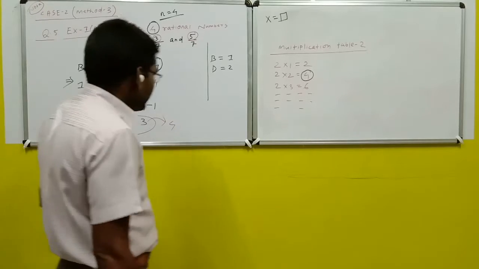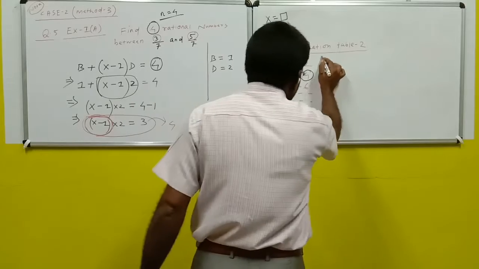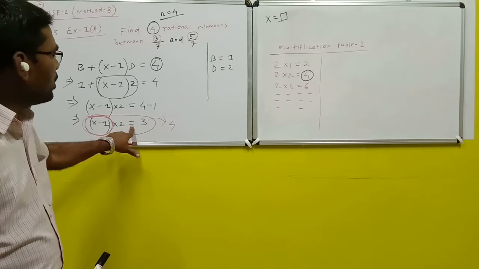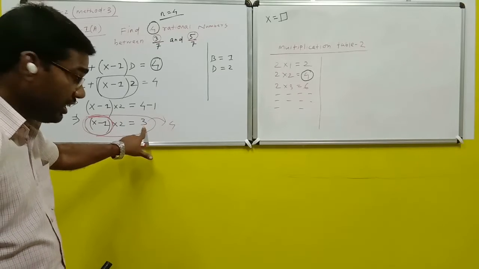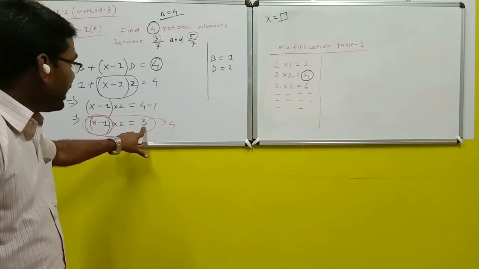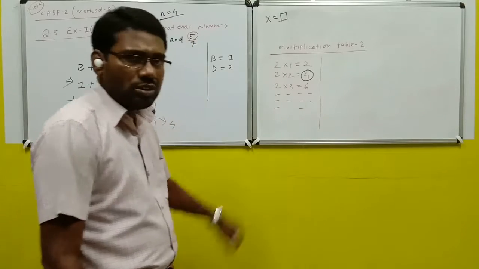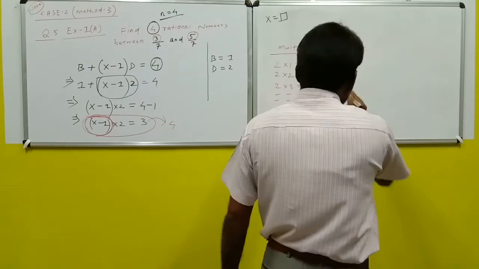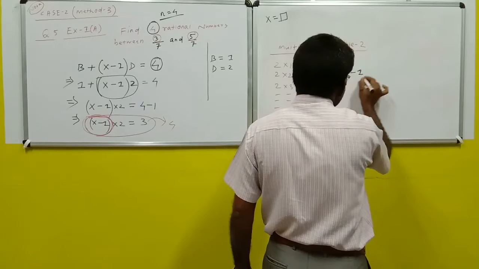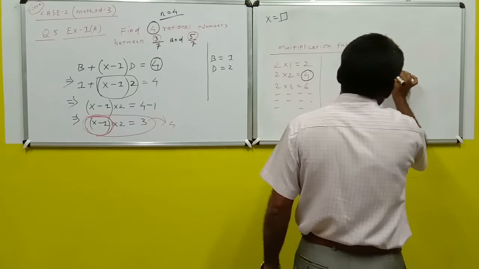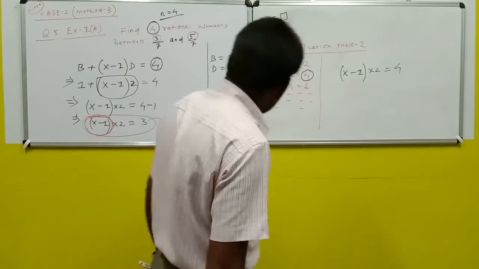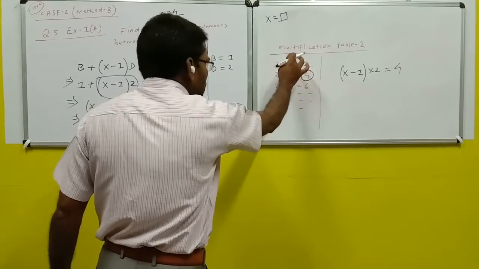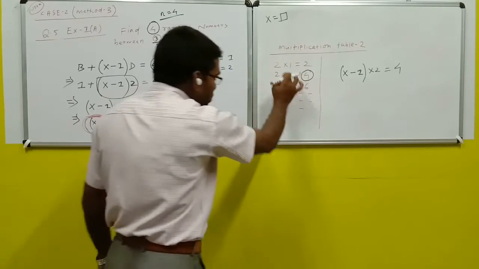Now you have got x minus 1 into 2 equal to 4, not 3, because 3 does not exist in multiplication table 2. 3 के प्लेस में हमने 4 लिया, क्योंकि 4 टेबल 2 में है, 3 टेबल 2 में नहीं है.